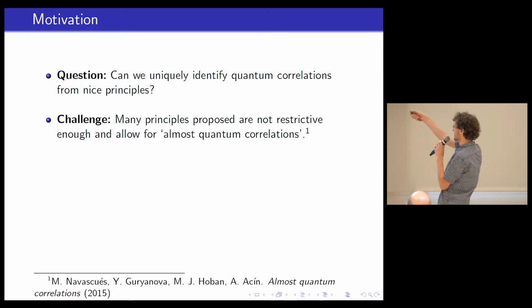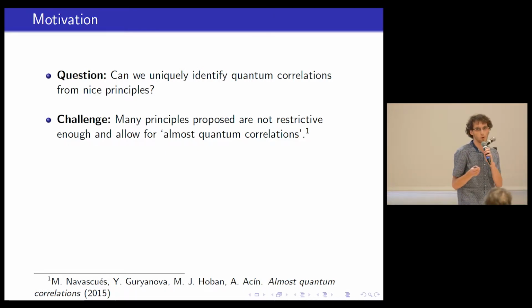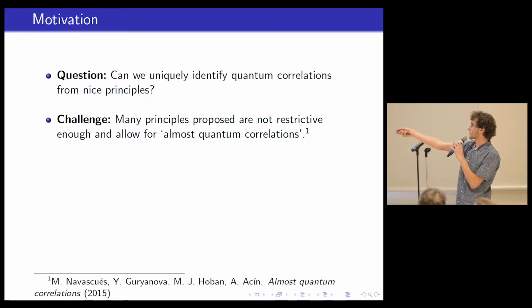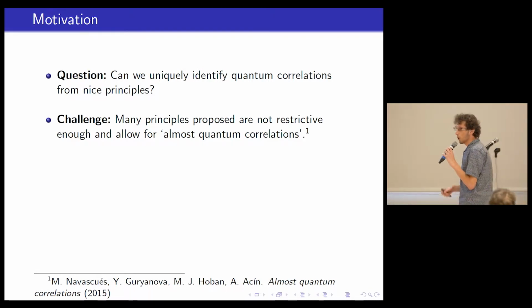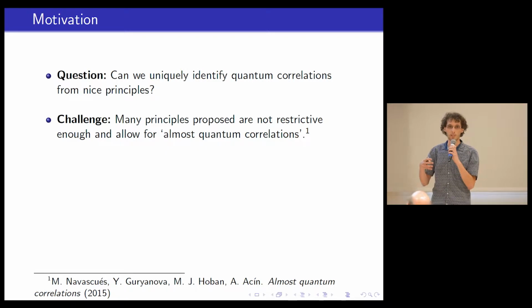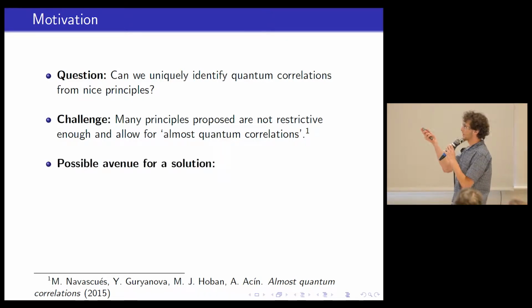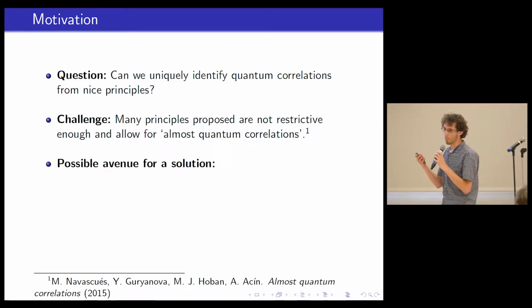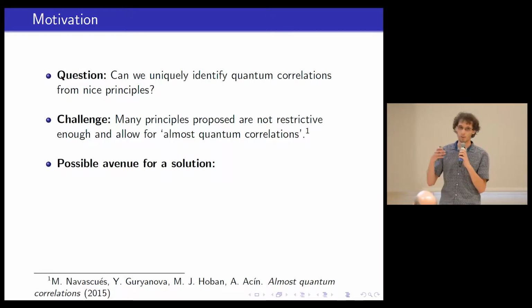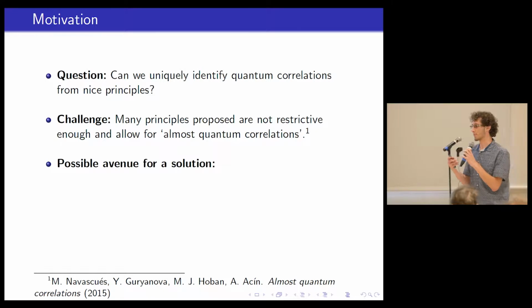In fact, there is a strictly larger set of correlations called almost quantum, which was introduced in this paper, which also satisfies these principles that people maybe thought would be the essence of quantum theory. And so our work is basically a suggestion on how you might overcome this challenge.